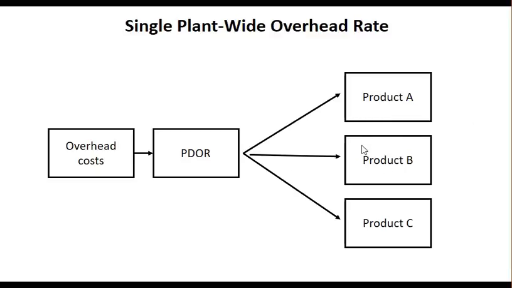Let's assume that product B has no direct labor hours whatsoever, and product line A and product line C do. So what would happen is that if we are using direct labor hours, we would be allocating overhead back to product line A and product line C, and product line B would in effect not have any overhead allocation, and that could cause a major distortion in our product costs.